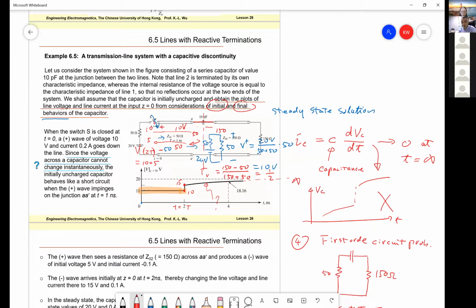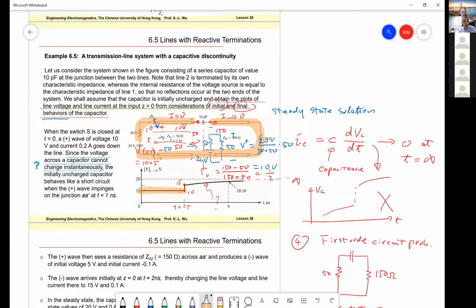When the current approaches 0, this part becomes just an open circuit. With current 0, tell me what the voltage across the capacitance is. Because there is no current, there is no voltage drop across all this part, and from here also 0.